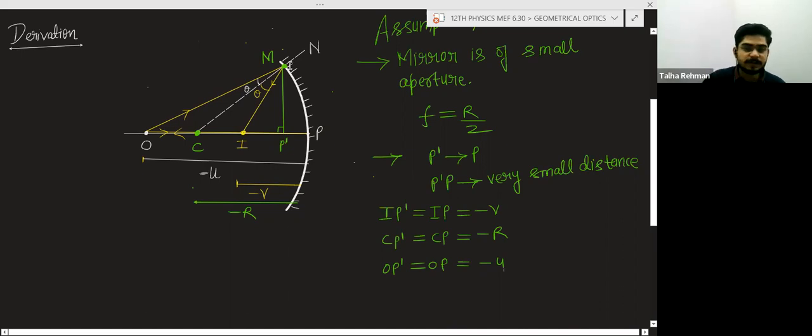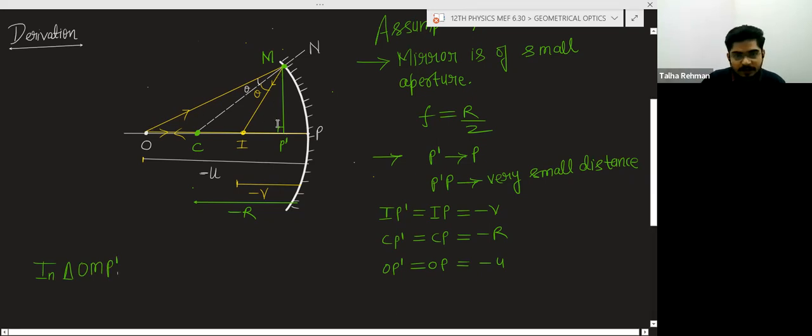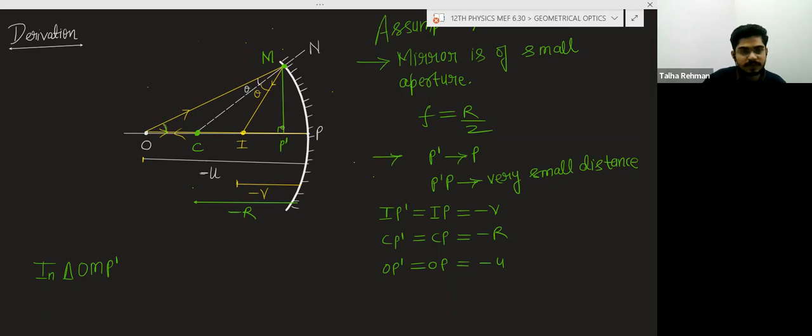Now you can take this triangle first, triangle OMP dash. We will use a little bit of trigonometry here. OMP dash is a right angle triangle, and suppose this angle is alpha, this angle is beta, and this angle is gamma.